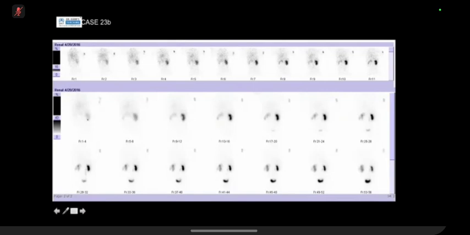And you're completely correct. So the numbers here are time. So these are over minutes, and you can see, as candidate 3 said, that you've got uptake and excretion in the right kidney over time, but the left kidney shows uptake, but just shows very sluggish excretion. So later on, at about 53, 56 minutes, there has been some excretion of the radioisotope.